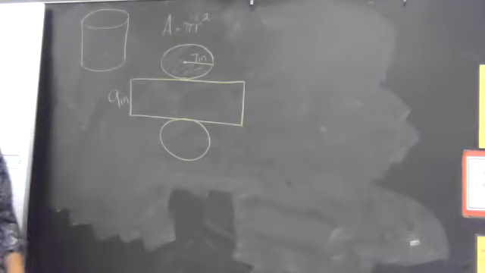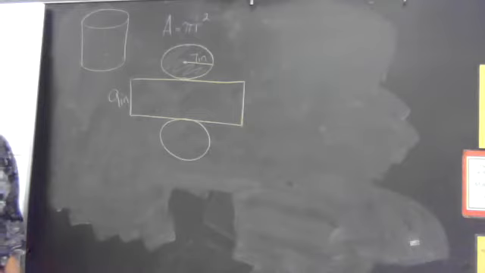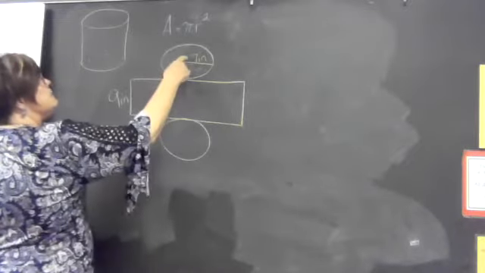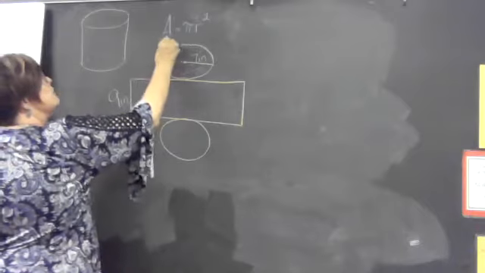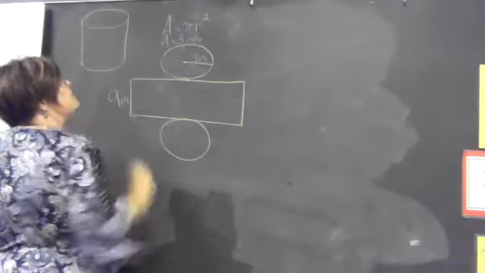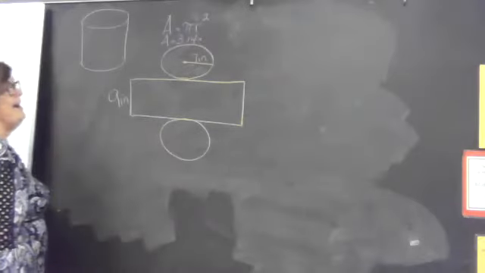Yes, and usually on these, they tell us to use 3.14 for pi. If they don't tell you, make sure you use the pi button that is on your calculator. So the area of this circle right here, area equals 3.14 times, did they give us the radius or the diameter?